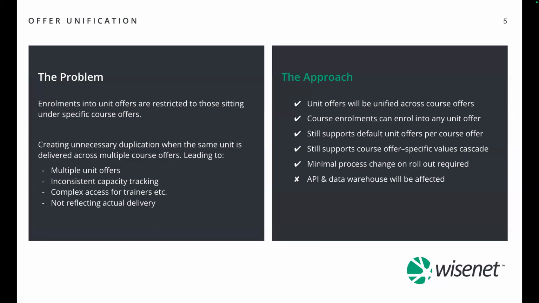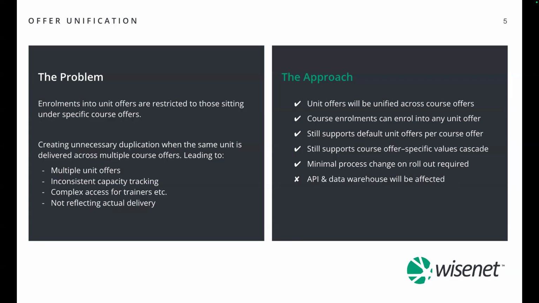So another one is the complex access for trainers. If you do have a trainer that is managing a specific unit offer, they're going to need access to all 3 of those course offers and the 3 unit offers underneath, just to get a list of all their learners there.